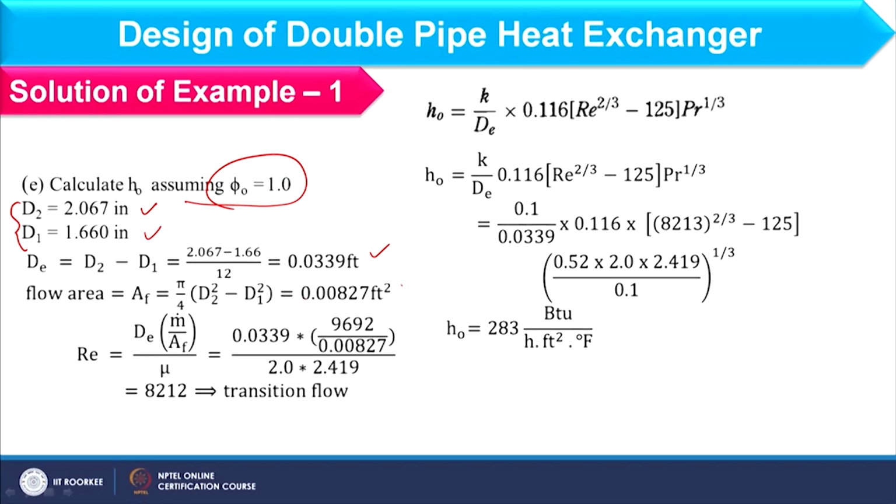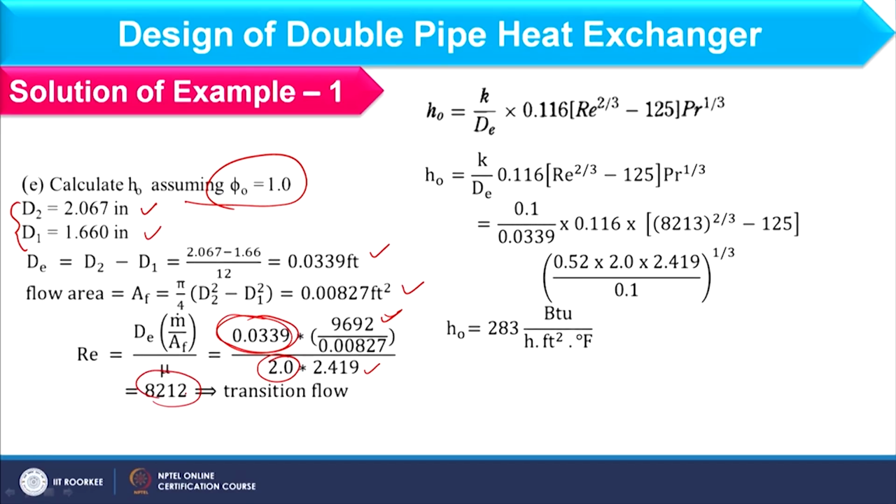And next we can find out the flow area pi by 4 d2 square minus d1 square, that is simple calculation. So, you can find this value, and further we can find out the Reynolds number in annular side, right. So, this equivalent diameter we just have calculated, and considering mass flow rate of aniline and viscosity of aniline with the conversion factor, we can find out Reynolds number as 8212.